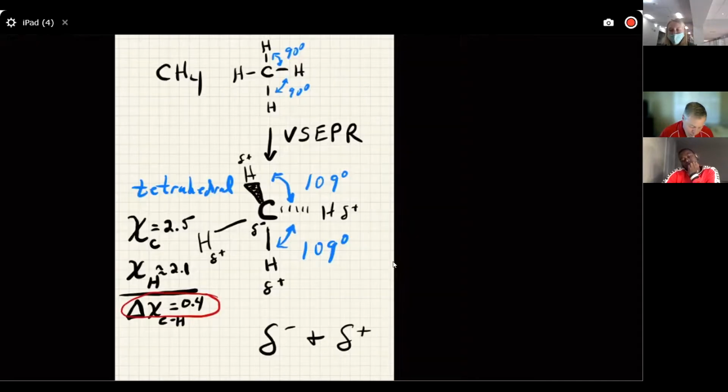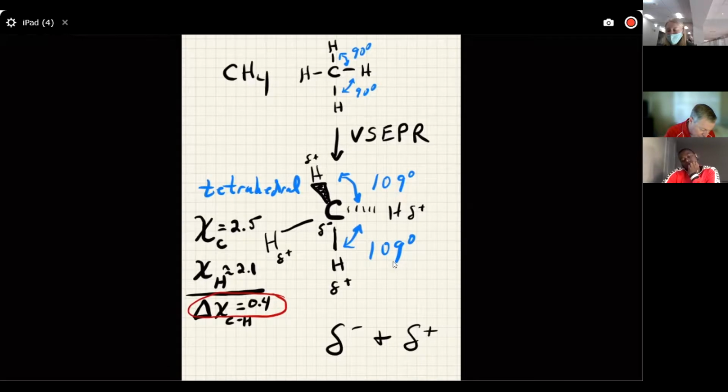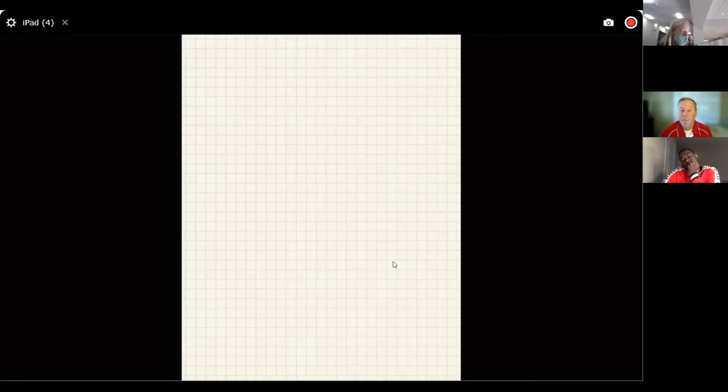Let me show you another. I'm going to have to add another piece of paper here. Let me show you another molecule, very similar. This is water. All right, let me draw the Lewis structure for you for water. So oxygen is element 8. So there's 1, 2, 3, 4. Remember?